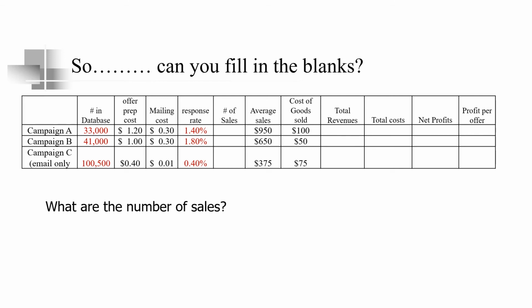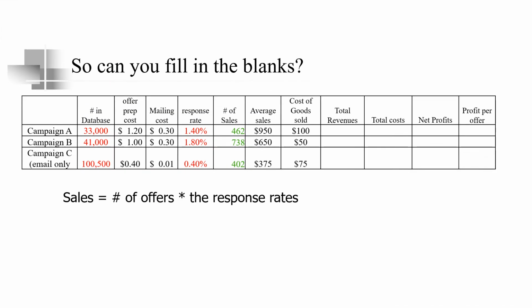So, what are the number of sales? Well, we can make that calculation by looking at the number of people in the database who were actually sent the offer times the response rate. When we make that calculation, we'll see that the number of sales varies by each campaign.